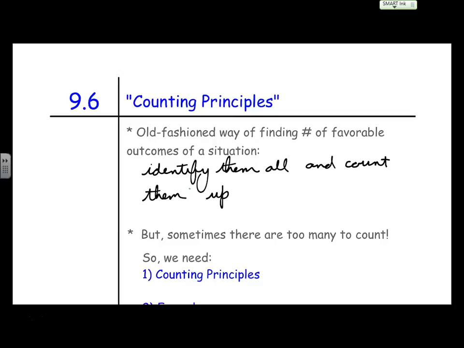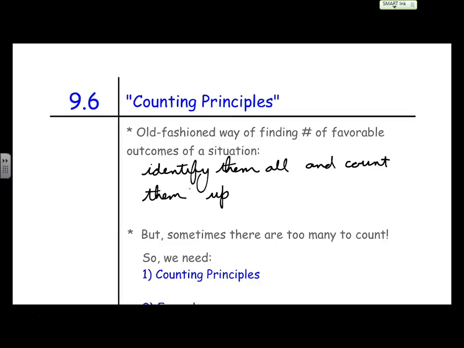Isn't that the old-fashioned way? How do you find the number of favorable outcomes? Identify them all and count them up. And that's what you guys just did with the whole coin flipping example. I said, how many ways can it land? And you said, oh, hey, I know a coin has two sides, heads and tails. Sweet, two. You identified the different sides, and then you went ahead and counted them up.